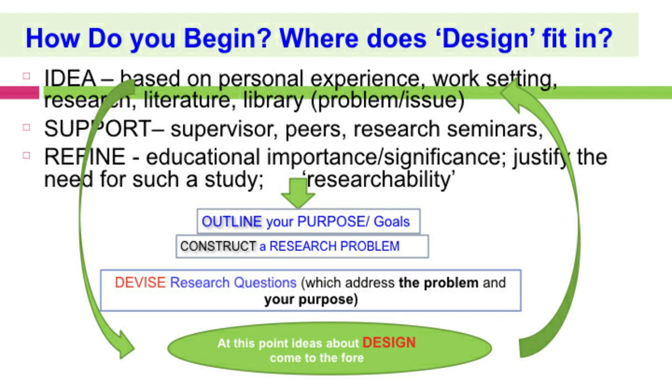So you outline your purpose and goals as far as you can. You construct the research problem, you write it down. You devise some research questions which address both the problem and purpose. And it is perhaps at this time you want to take on board design features.